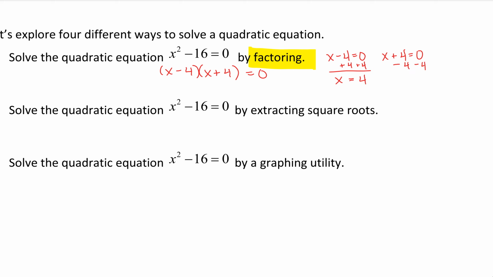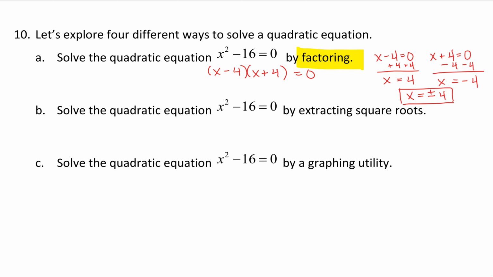Move 4 to the other side by subtraction, so I get x equals negative 4. So when I go to write my answer, I get x equals plus or minus 4. So I said to solve by factoring, meaning I had to factor, then set each factor equal to 0 and solve.